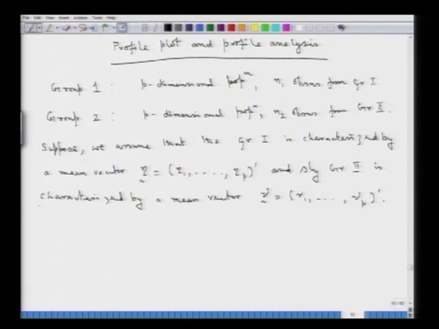Then we define the profile plot of these two groups as the following. This is a small definition.